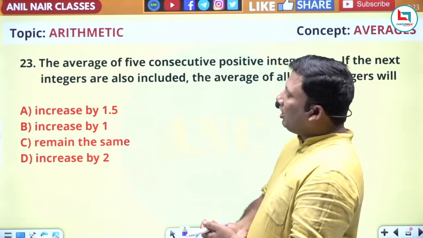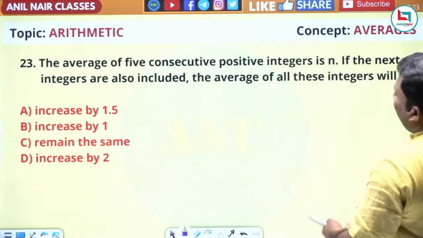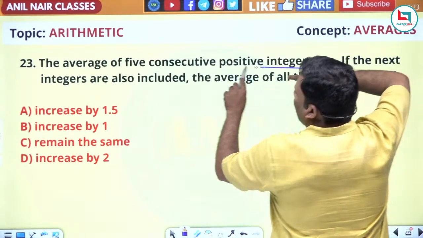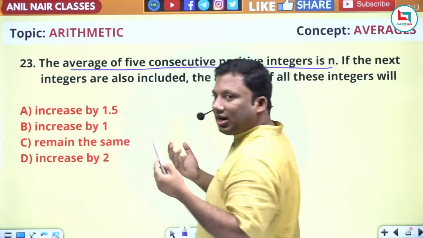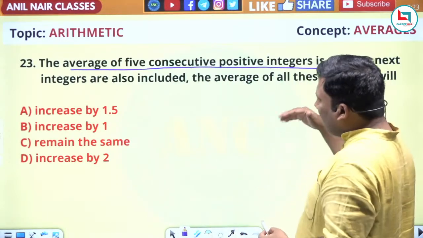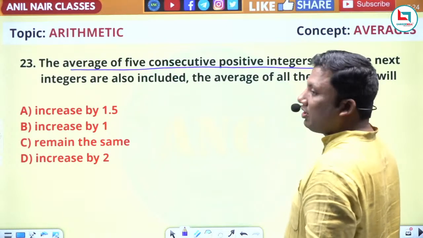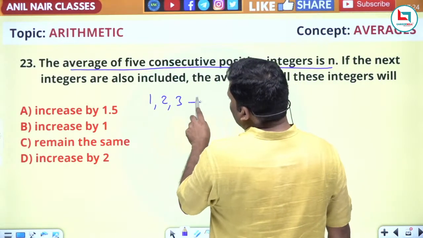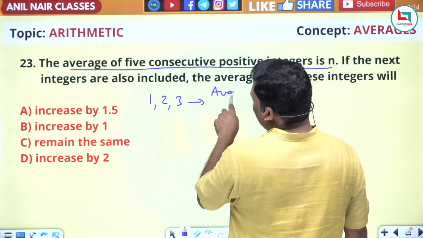Next, 23rd question. Average of 5 consecutive positive integers is n. There are 5 numbers, which are natural numbers. Positive integers are natural numbers. If the next integer is also included, we already discussed 1, 2, 3: the average is 2.